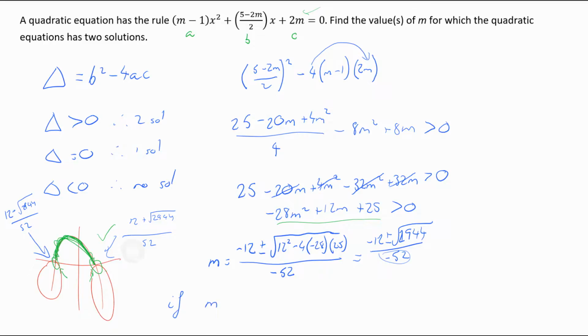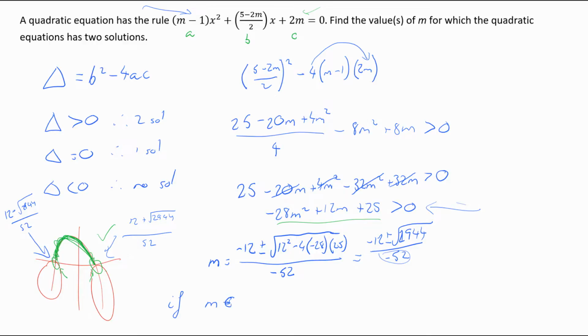The important part is if m is between these two values, but not equal to these values, because if it was equal to those values, then this quadratic would be equal to 0, which means the original quadratic would only have one solution. We want two solutions.